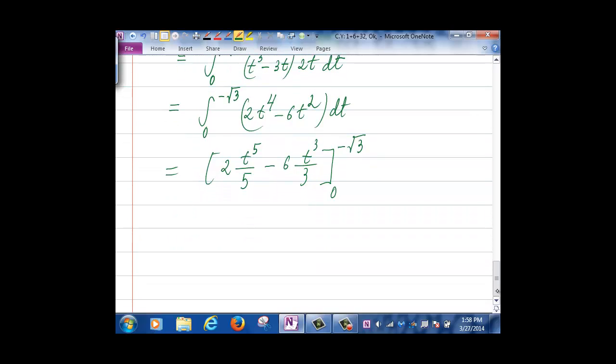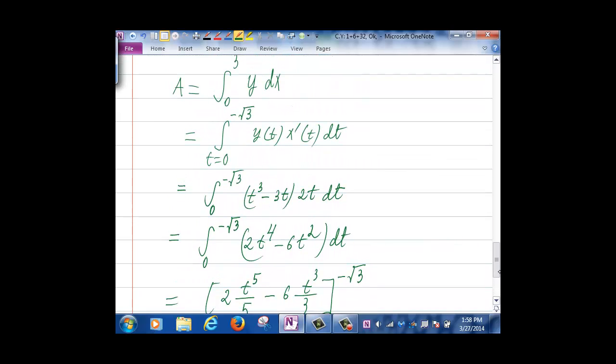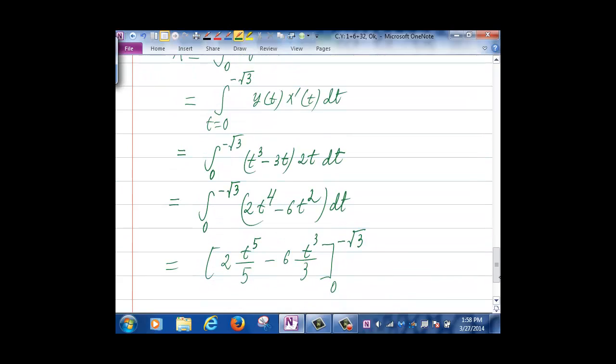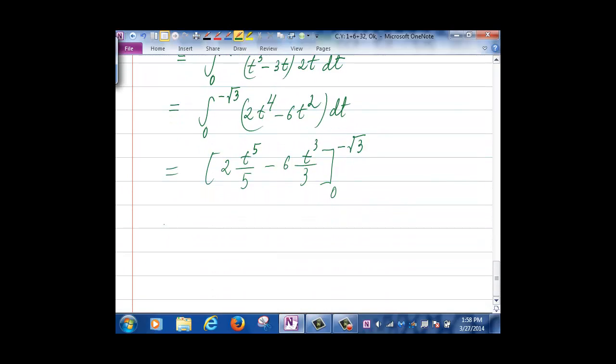And then you just plug in. First of all, let's write one more line here. 6 and 3 will give you a 2.